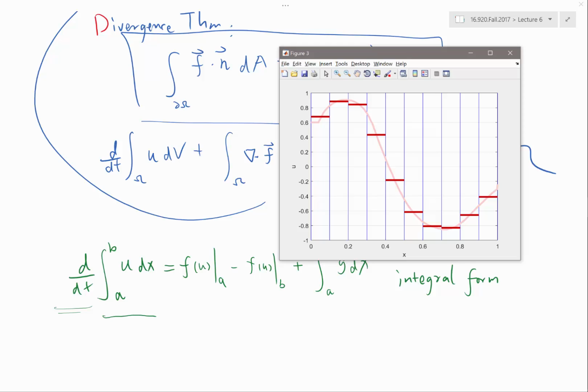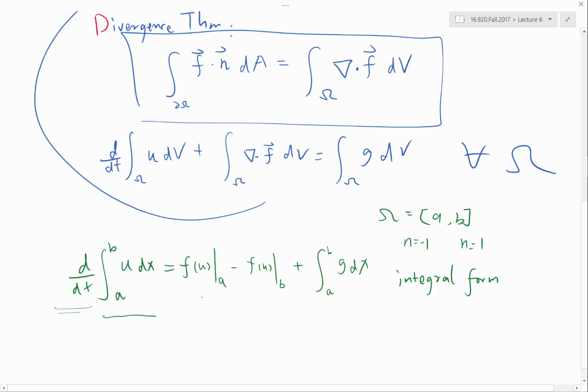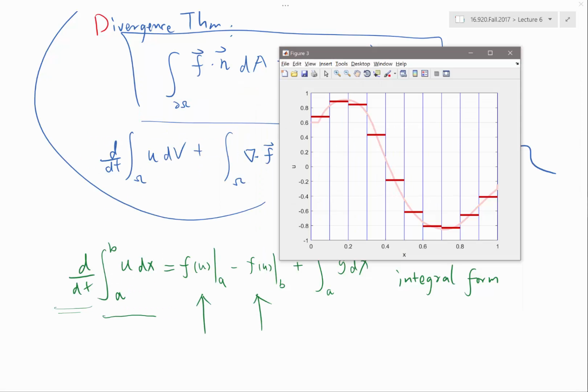So in finite volume, what we'll be approximating is actually not the differential operators, because there are no differential operators in the integral form. What we'll be approximating is actually these guys, right? Because now we have lost any values of the function at any point.